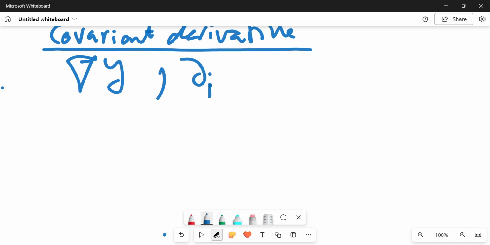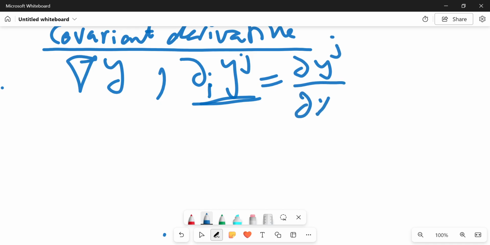For example, d_i y^j, this is the normal partial derivative term, which is equal to dy^j over dx^i.